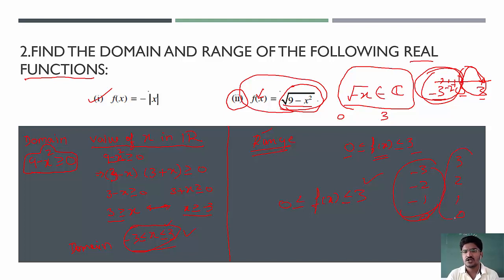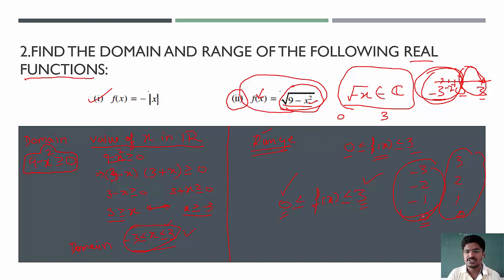By checking these terms, it is again the same as 3, 2, 1, 0. For these terms also I am going to get the same outputs. If I put minus 3, my output will be 0. If I put 0, my output will be 3. Check here. If I put minus 3 here, minus 3 square is 9. 9 minus 9 will be 0.